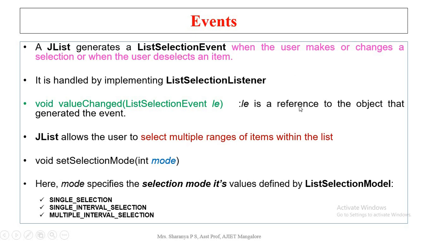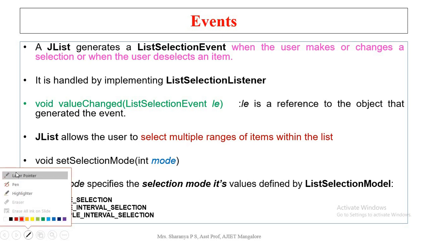As we observe here, a set of elements, a set of strings or values, will be listed. So the user will select any of the elements from that. When the user makes or changes a selection, or deselects an item from the list, at that time this list selection event will trigger.